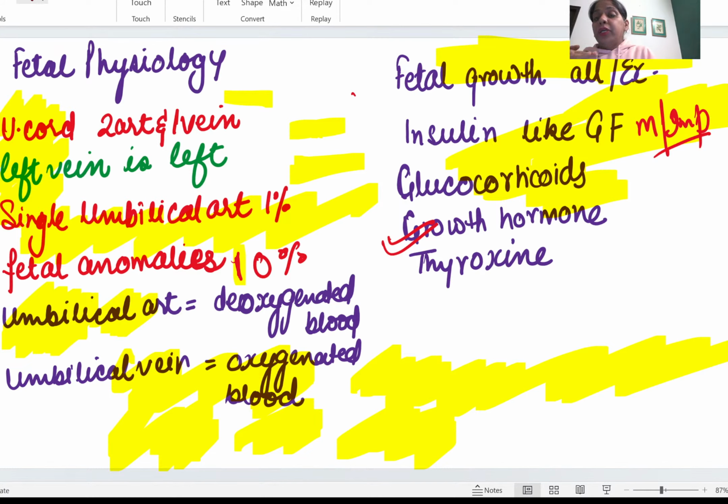You know that due to deficiency of growth hormone, dwarfism occurs. But dwarfism fetuses are born perfectly normal, and their growth is hampered after delivery. Fetal growth is influenced by all except, so the answer is growth hormone.